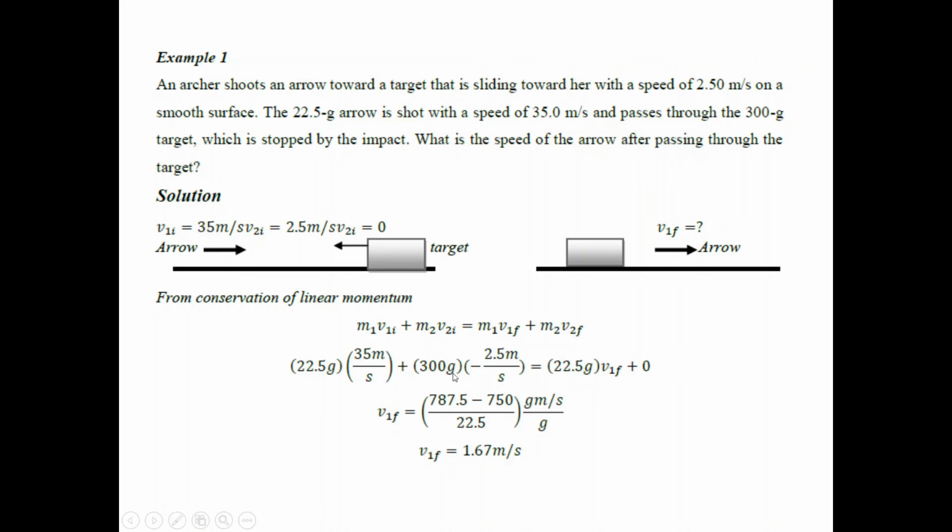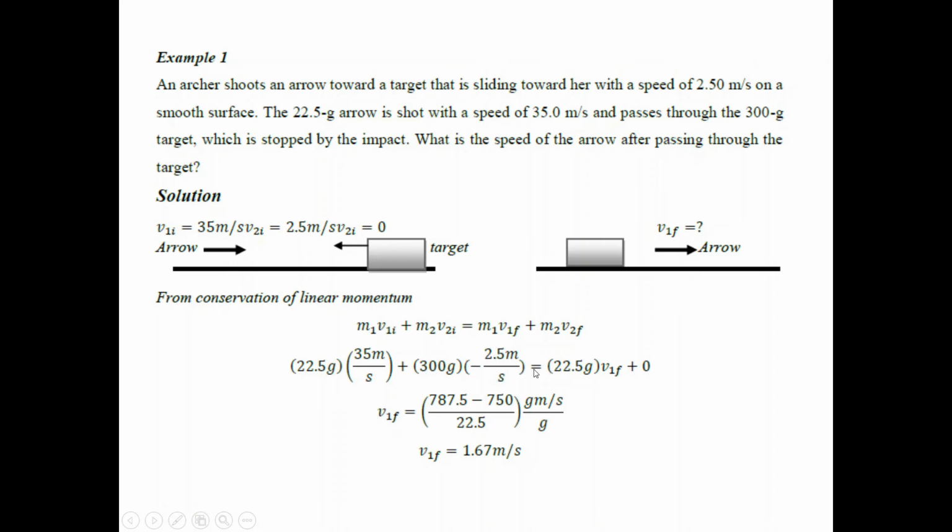Plus the mass of the target, m2, 300 gram, and the direction of this motion is towards the left, not towards the right. That's why we use a minus sign, which is 2.5. As you can see here, the block is moving 2.5 meters per second on a smooth surface. So v2 initial is this one.